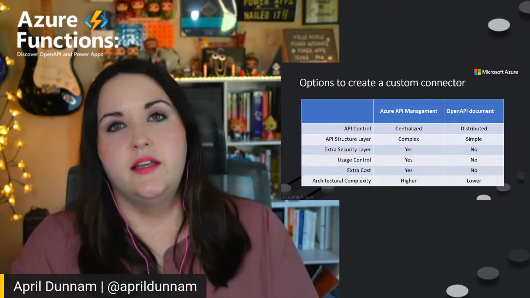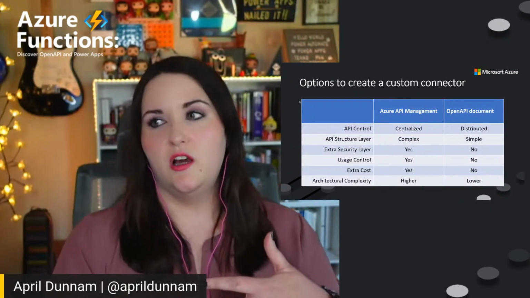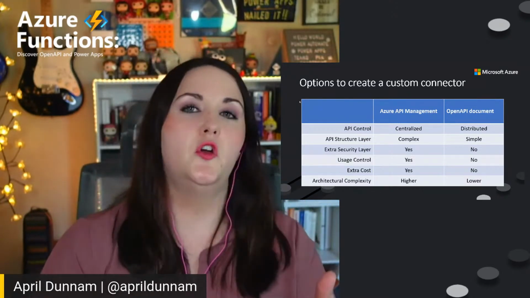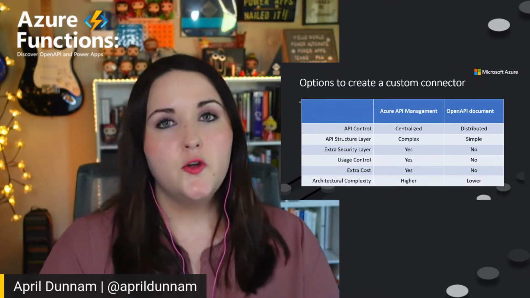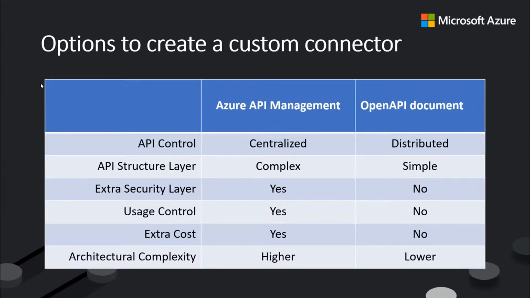Okay. Now, when we talk about custom connectors and the different ones that we can use here, I just showed you integrating with an OpenAPI document. But the other way that we can leverage custom connectors in Power Apps and the Power Platform is with Azure API Management. So I thought I'd just show a little bit about where you might use each method, whether an OpenAPI document or Azure API Management. So when it comes to API control, obviously Azure API Management is going to be more centralized, whereas an OpenAPI document is distributed.